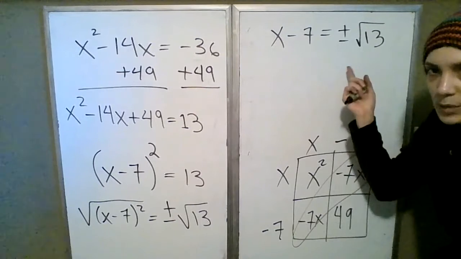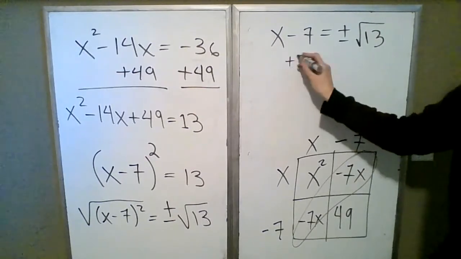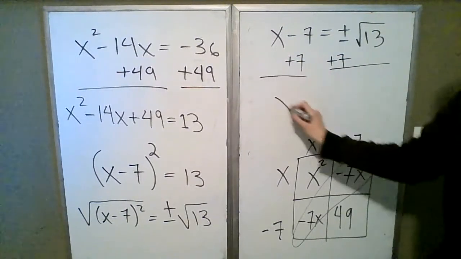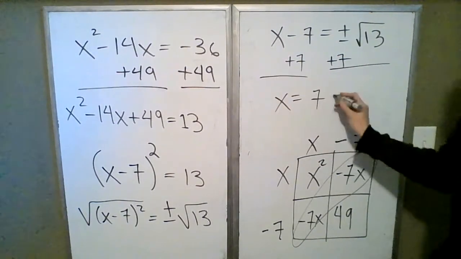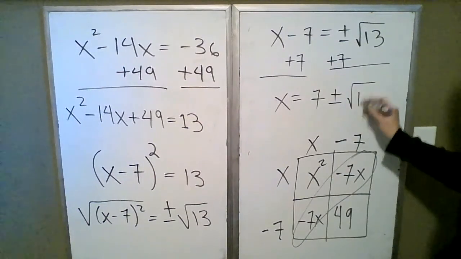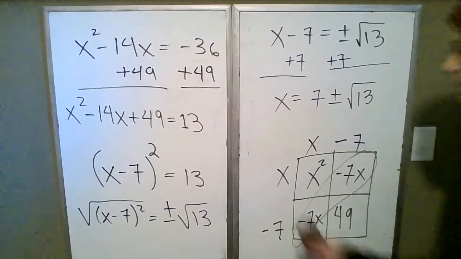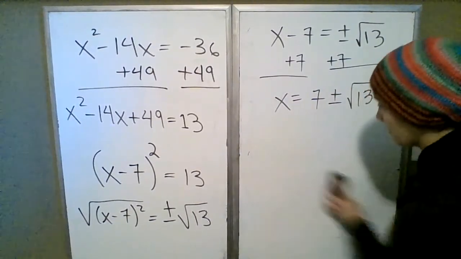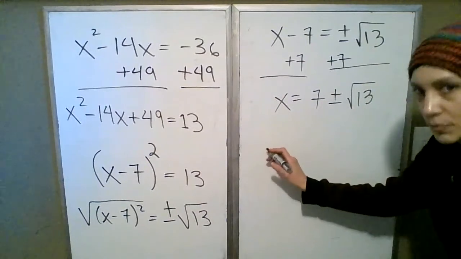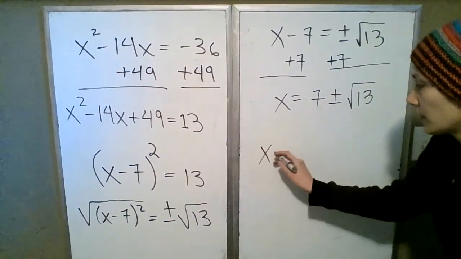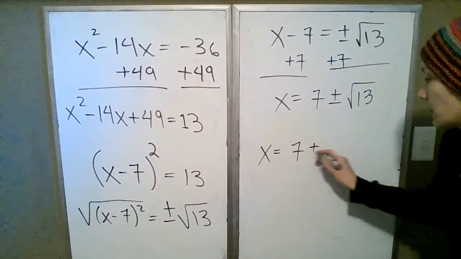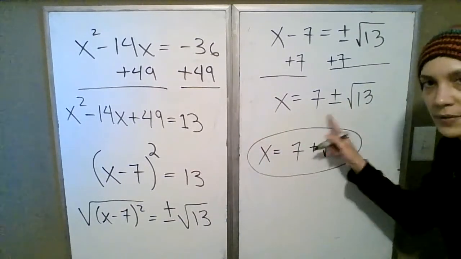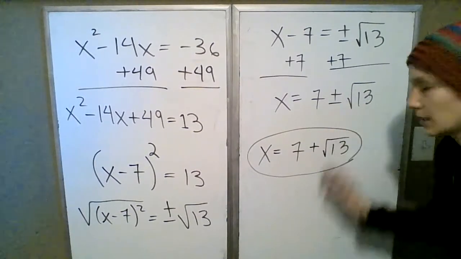And then we can add 7 to both sides. Okay, and we've got 2 solutions. So it's either 7 plus root 13. Or there's a 7 minus root 13.